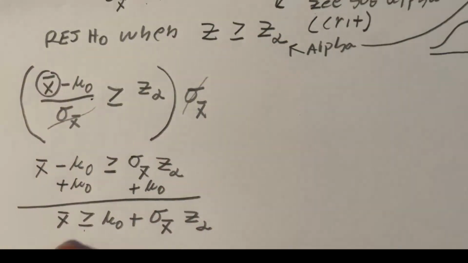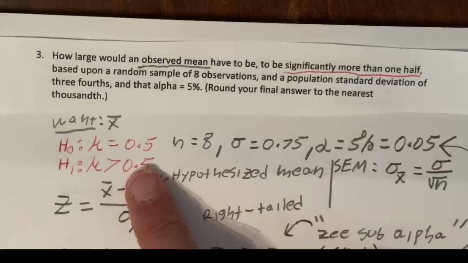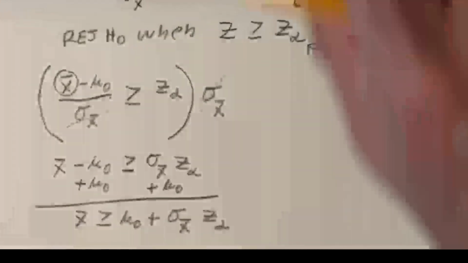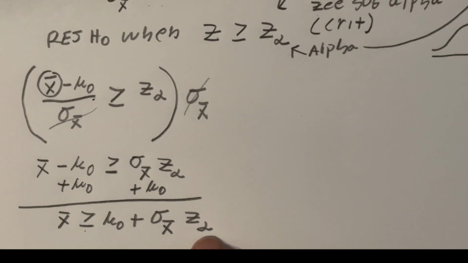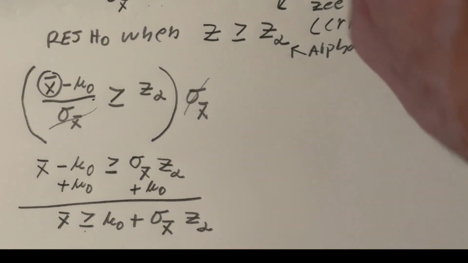For us to view this sample mean as being significantly greater than 1/2, this sample mean itself has to be greater than or equal to, at least, whatever the hypothesized mean is, which in this case is 1/2, plus the standard error of the mean, which we have a formula for, times the critical value, which we are going to look up in a table.